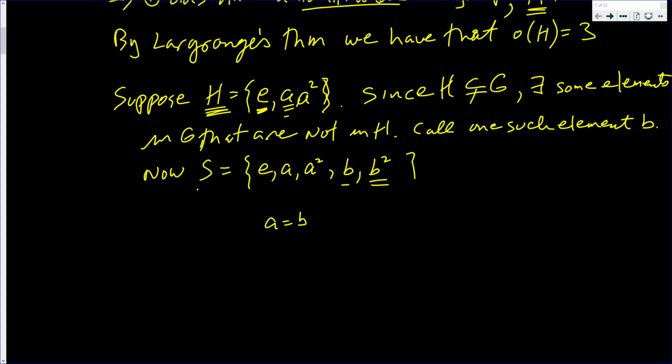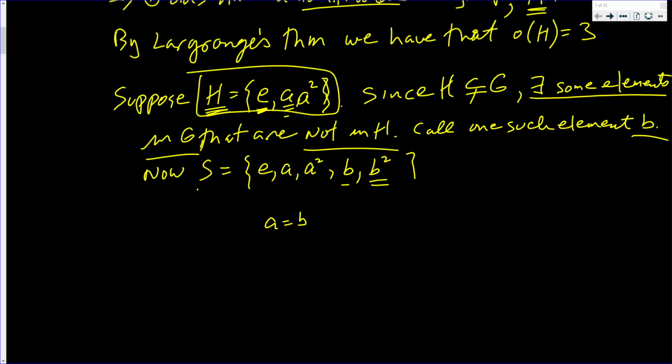Well, no, I picked an element B that wasn't in H. There exist some elements in G that are not in H, so B is one of them. Can A equal B squared? No, it can't equal B squared either. So these are 5 distinct elements.